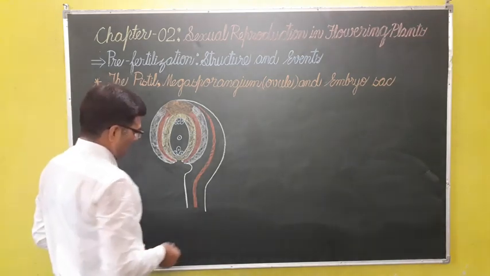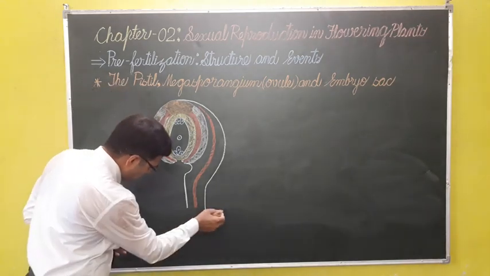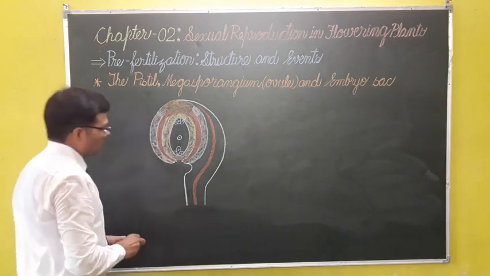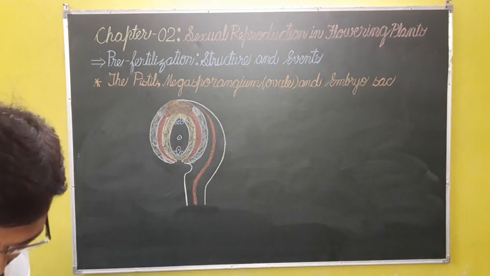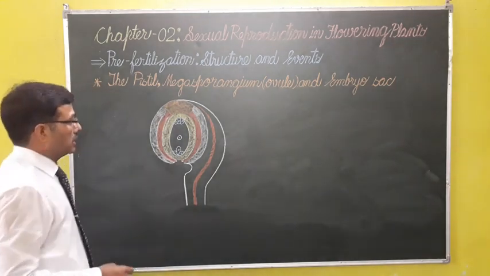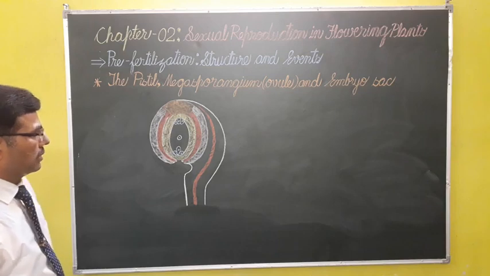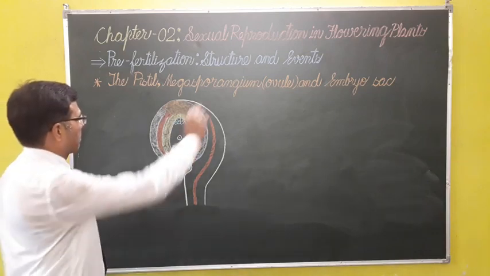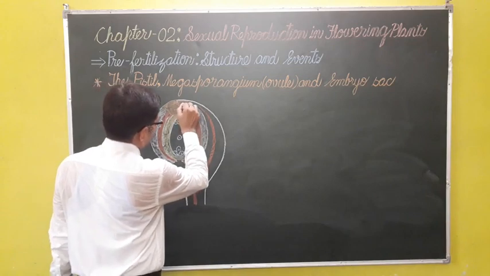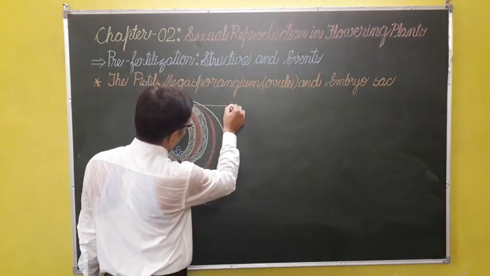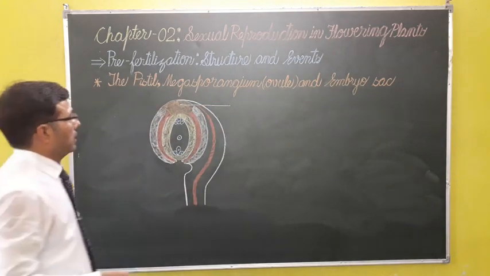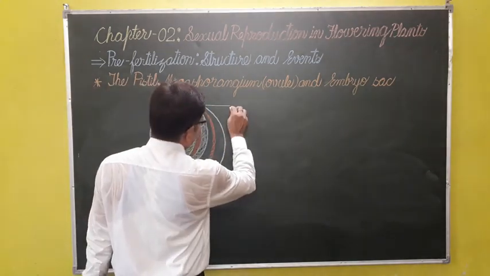So this is a typical ovule. Now I am going to label it. This pole of the ovule is called the chalaza.